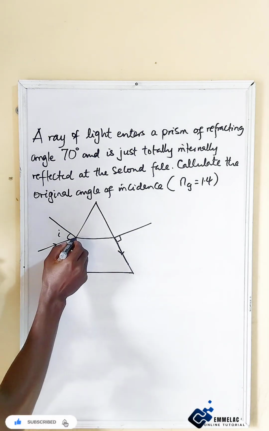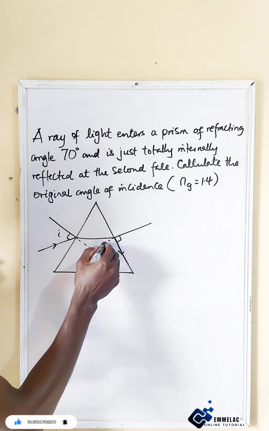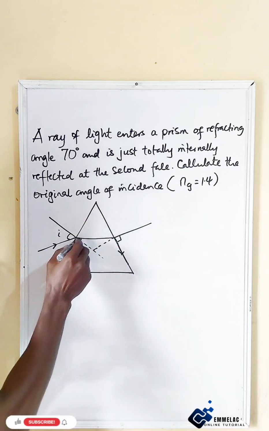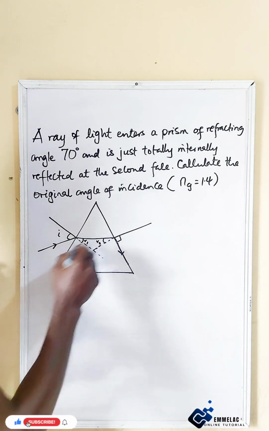So here we have, this is our eye. Now this is our R1 and this is our R2.